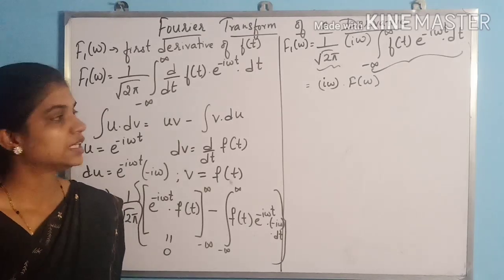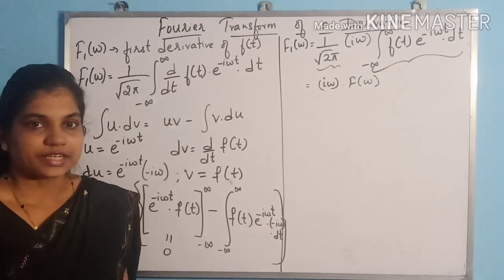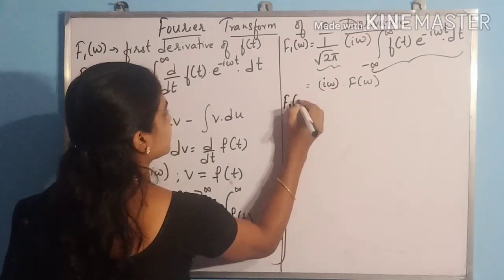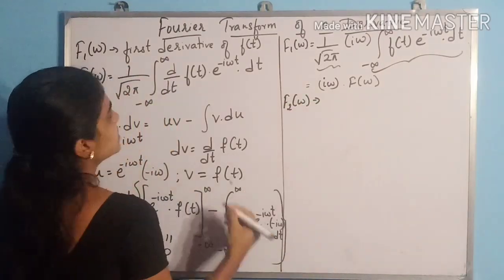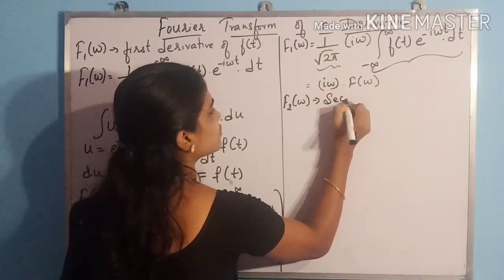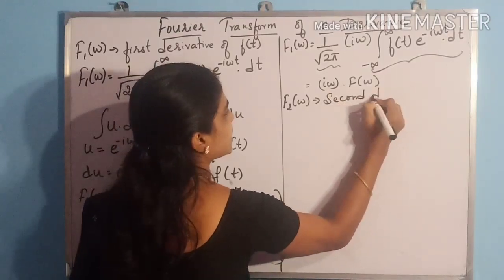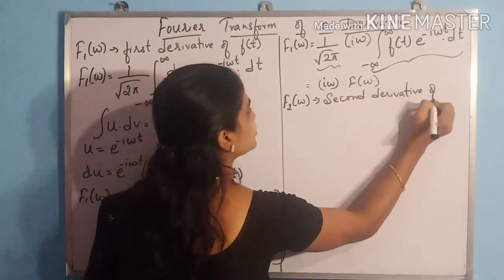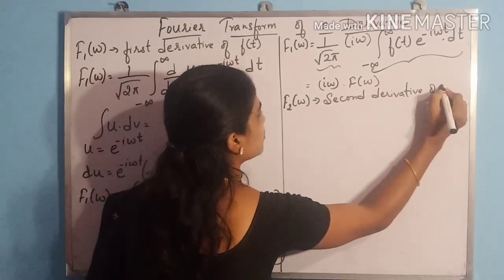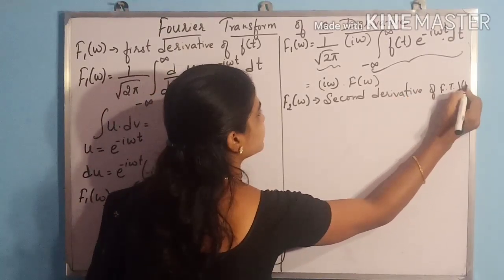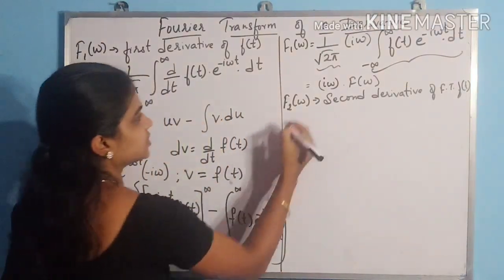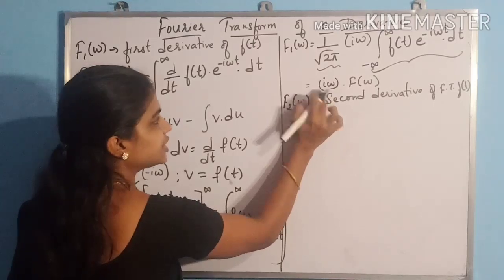Right? So what about the second derivative? If I take f2 of omega, f2 of omega is the Fourier transform of the second derivative of f of t. So we have to differentiate this again.